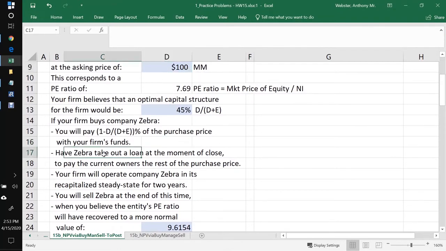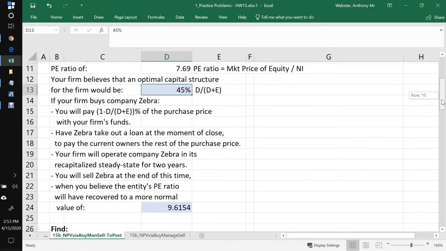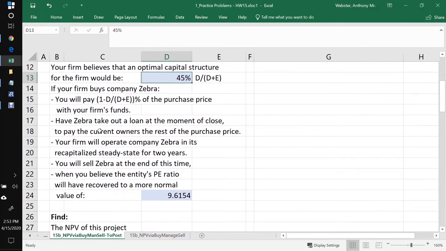You're going to have Zebra take out a loan at the moment of close, and the proceeds of that loan are going to be combined with your proceeds and turned over to the existing owners to get 100% of the shares. So the 55 million would come from you, 45 million would come from the loan that Zebra itself takes out, not your private equity firm, but Zebra. Okay, so this would be a classic example of a leveraged buyout, right?